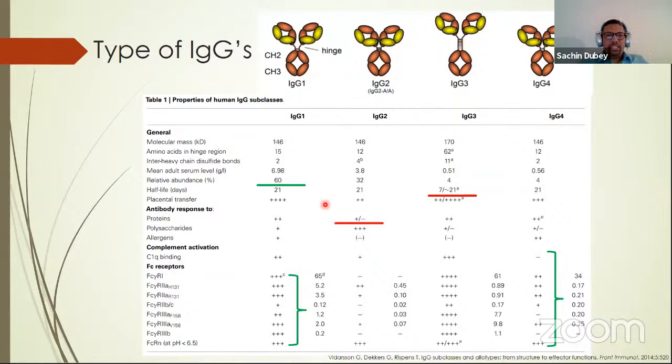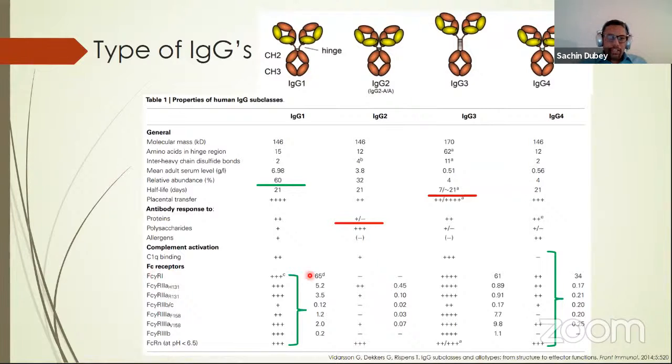Among them, IgG1 has a relative abundance of 60% in our body. On top of that, there are other properties listed at the bottom of the table, which are once more driven by the secondary or receptor function, driven by the crystallizable fraction of the molecule.